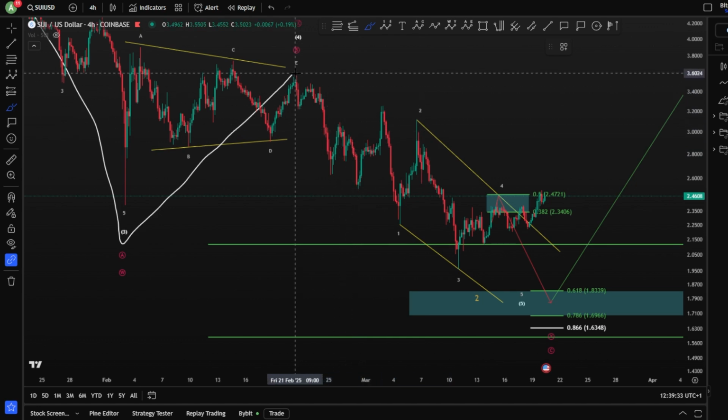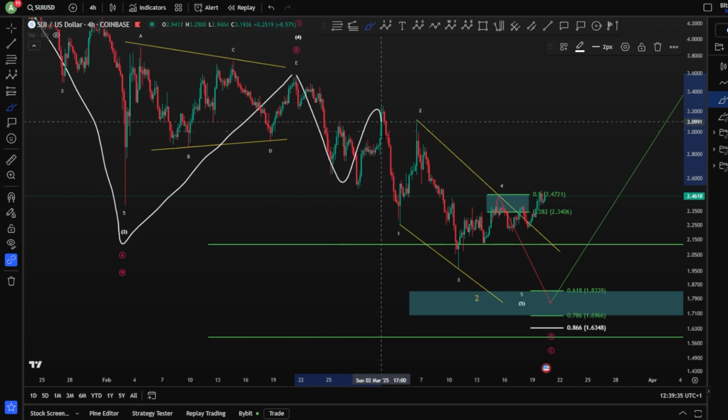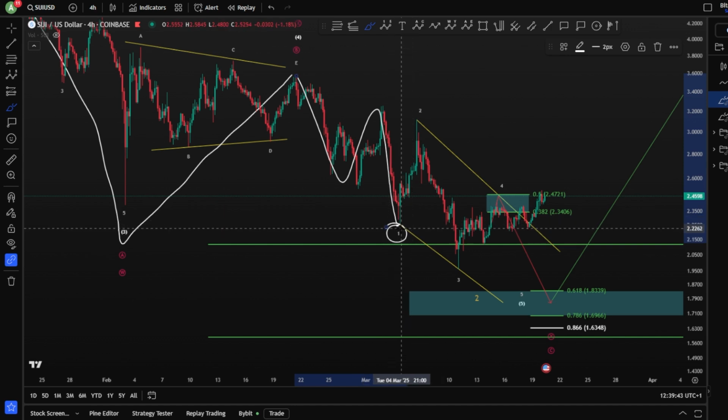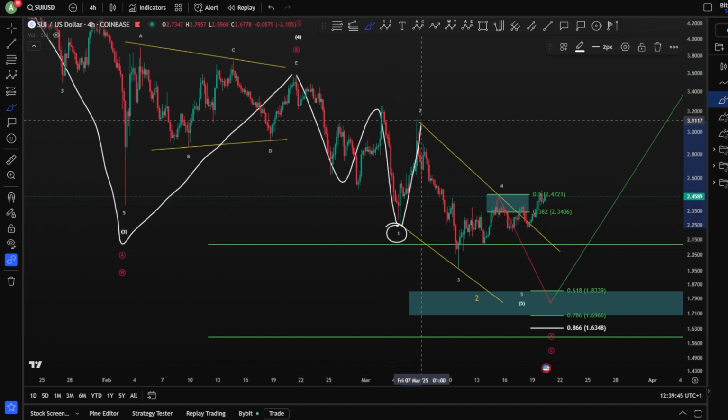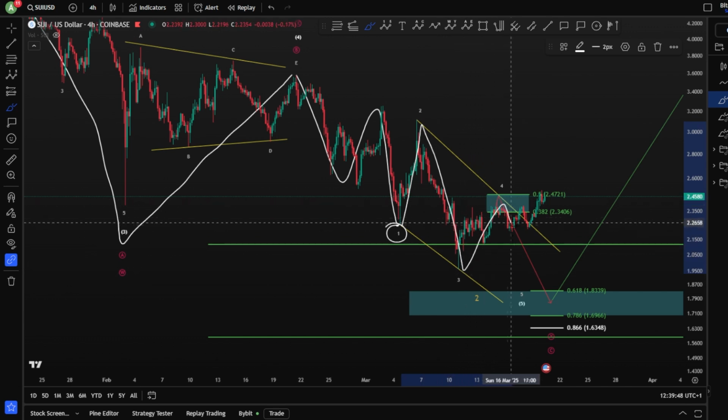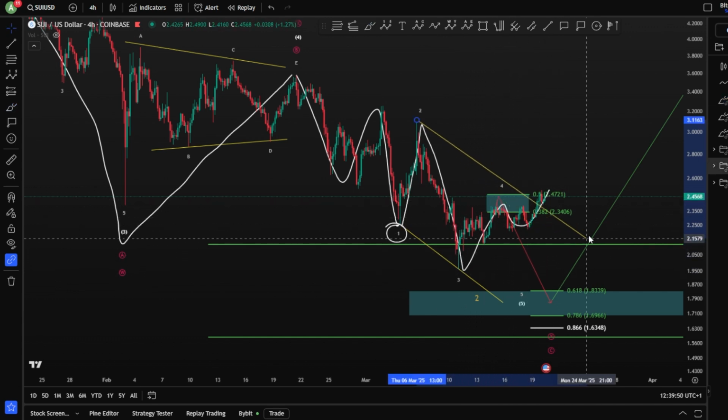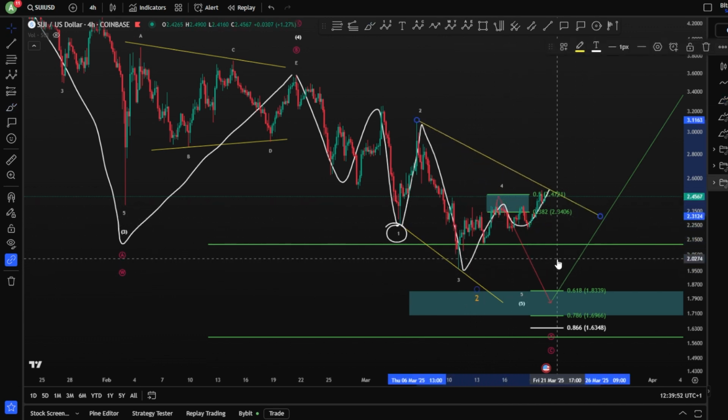So basically, we have as an ending diagonal, we start to think, okay, what if this one is a zigzag as a wave 1 for ending diagonal, and we got a wave 2, and then 3, then 4, and now we got the answer. Thank you, SUI, right?